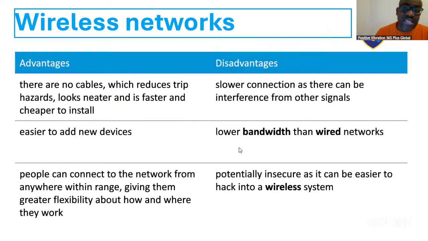In terms of disadvantage, you have slower connection as there can be interference from other signals. So let's explain what that means. Let's pick on Jade again. Jade's house, she has her router or modem downstairs in the living room.